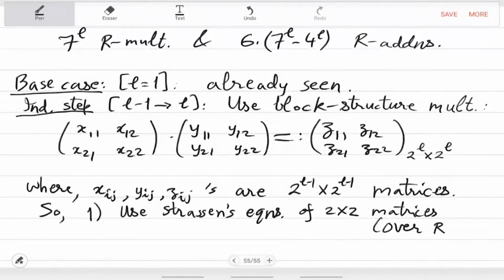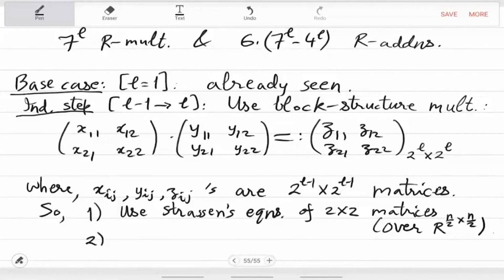And the entries of these matrices are in which ring? So that is n by 2 cross n by 2. So n by 2 cross n by 2 matrices over the ring obviously also form a ring. So you do this 2 cross 2 matrix multiplication over this ring using Strassen's equations. But that in the end will require you to multiply two such matrices, right?